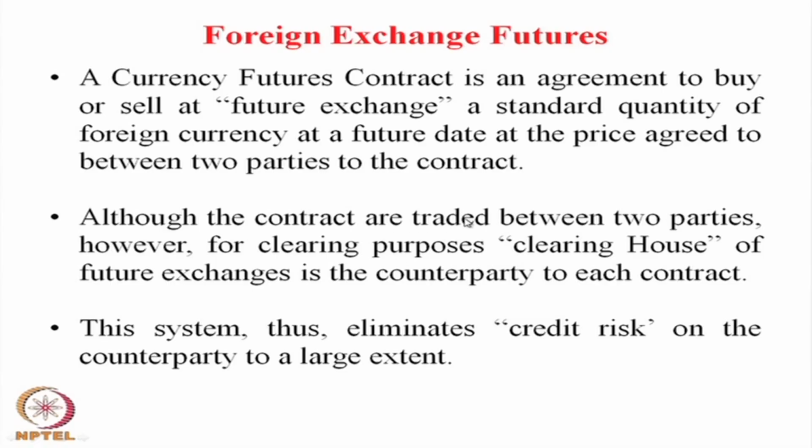The quantity also depends upon how many contracts the particular person is purchasing or selling. However, these contracts are different from forward contracts, because they are traded on an exchange. There is a clearing house, and all contracts are traded through the clearing house. It is an exchange-traded contract, and the buyers and sellers do not know each other.